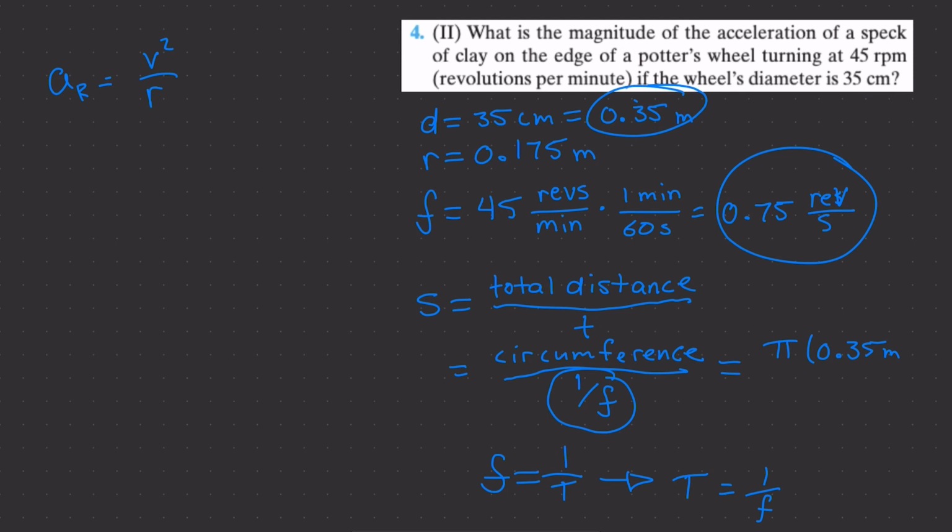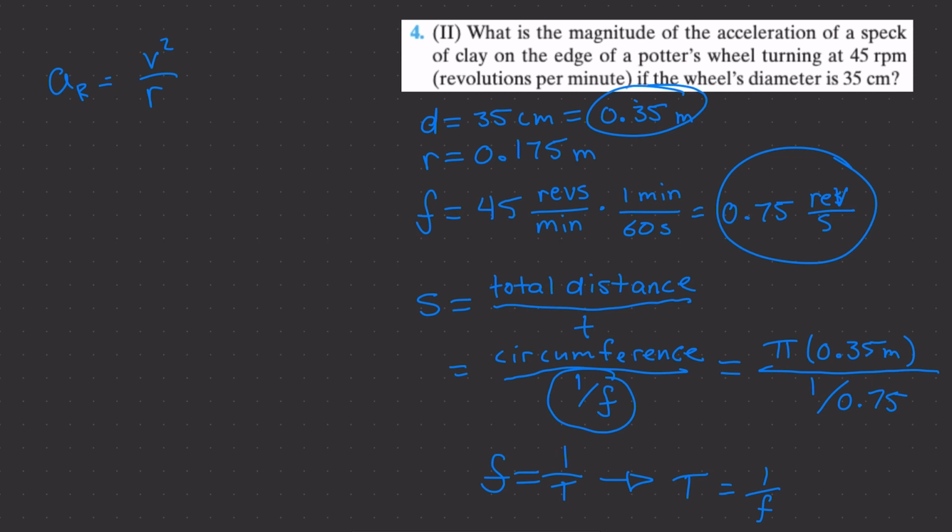I'm going to keep my units in here as much as I can as I'm plugging things in. And so pi times 0.35 over 1 over 0.75.